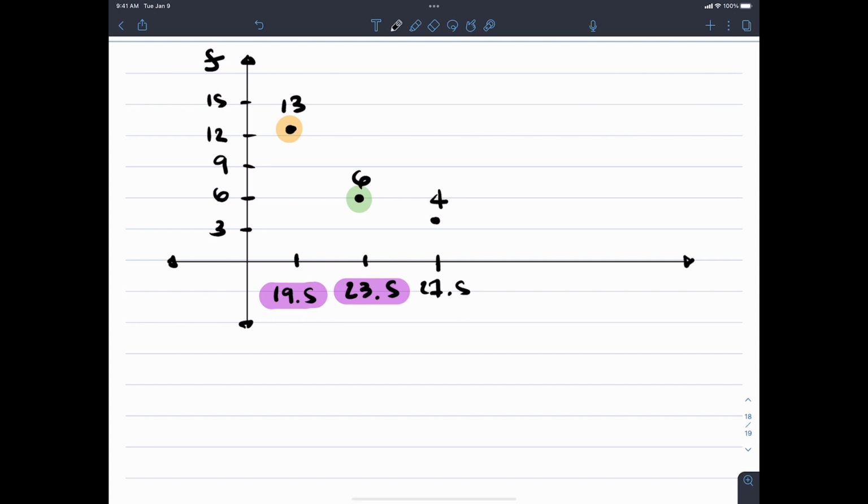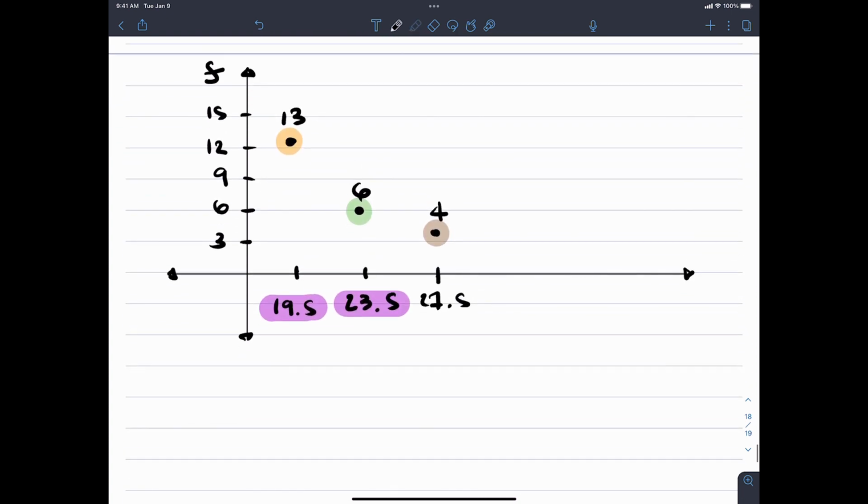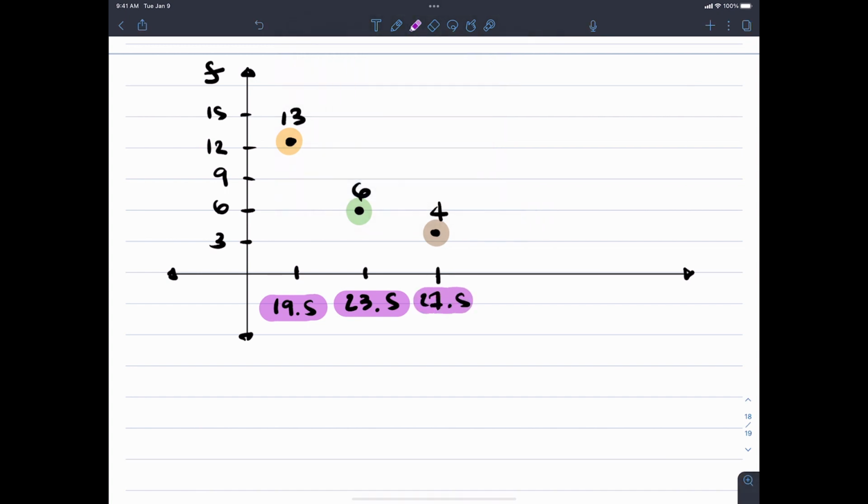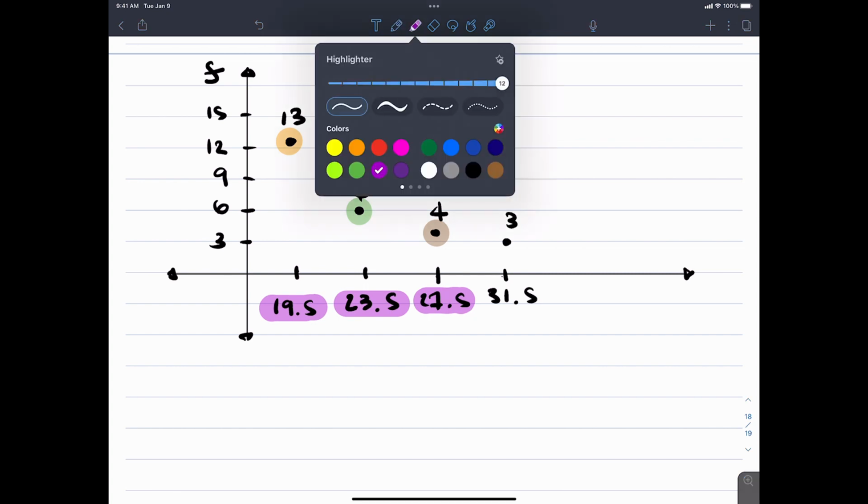So I'll plot where 4 would be, and I think that was a gold color. Notice this is your what? It's your midpoint. Okay, next midpoint's going to be what? 31.5. What was that frequency? 3. What color is that? Blue.